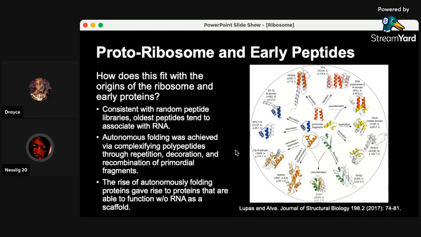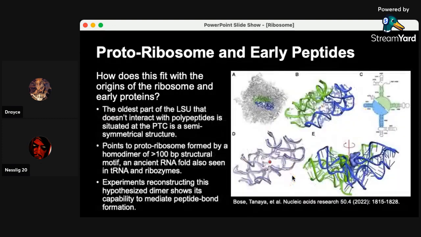And proteins acquired autonomous folding later. Basically, early proteins are like miniature folds that are not able to fold by themselves without RNA, but late proteins, by duplicating or decorating these parts, were able to fold autonomously without RNA as a scaffold.